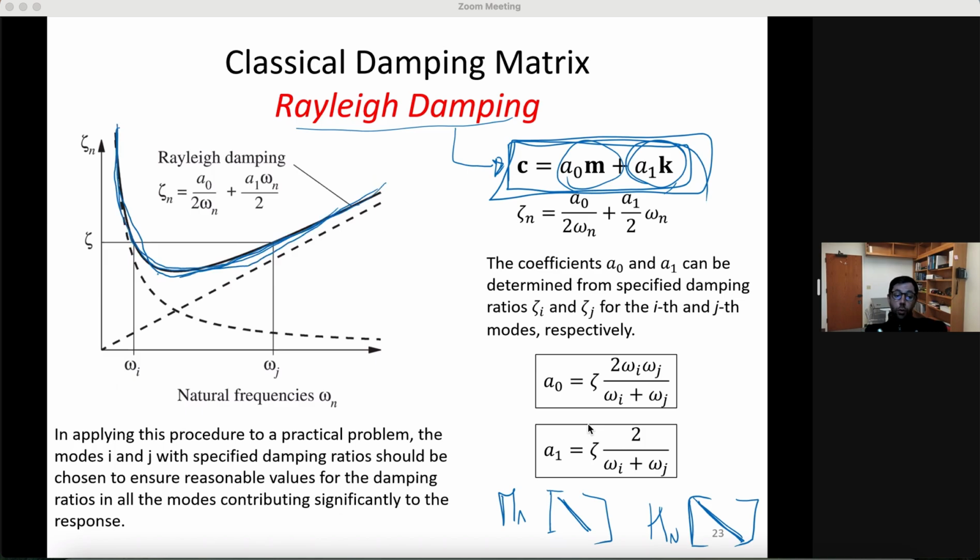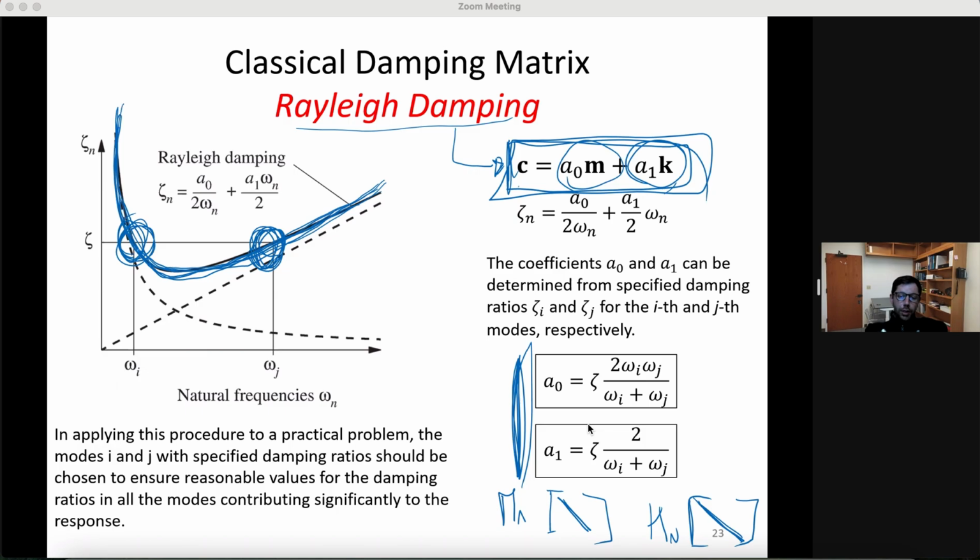I cannot obtain a constant damping across all the frequencies of my structure. Damping will be changing. The best I can do is to define damping for two frequencies, because I have two equations. I can only define damping for two frequencies.